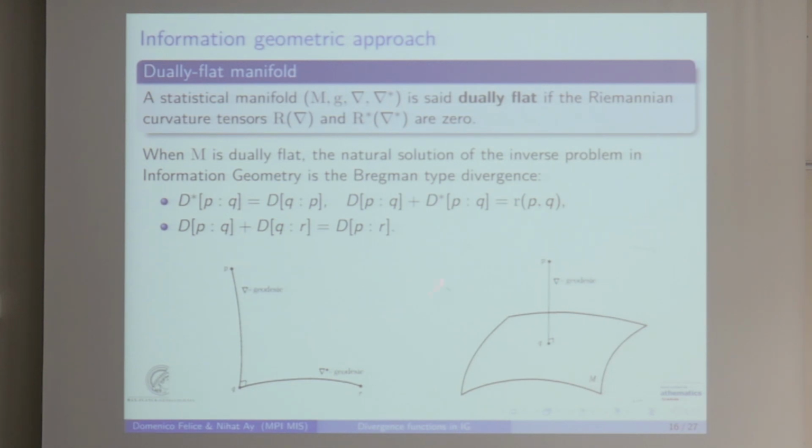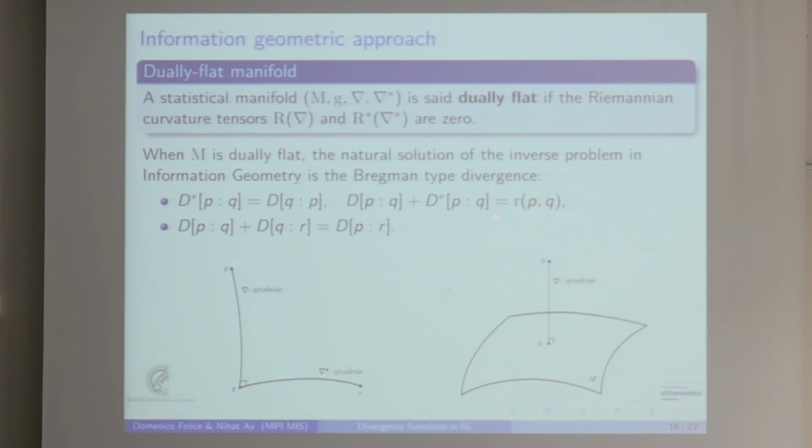Now, why is this function R important in the context of information geometry? With reference to the dually flat case, the Amari-Nagaoka divergence satisfies these nice properties. If you take the canonical divergence on a dually flat manifold and you add the dual of this divergence, you get exactly that function.